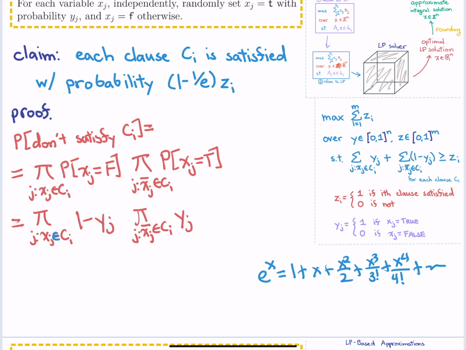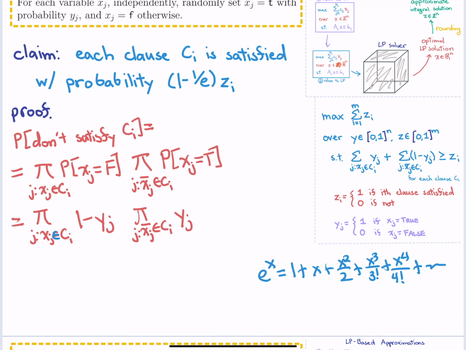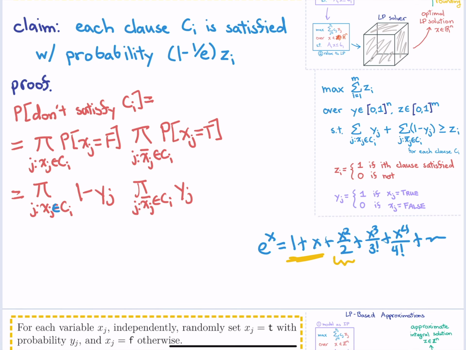If, for the sake of discussion, x is really small, like 0.0001, then x squared is very small compared to x. x cubed is very small compared to x. So for really small values of x, 1 plus x is a pretty good approximation of e to the x, because the squared, cubed and higher terms kind of disappear. They're relatively diminutive.